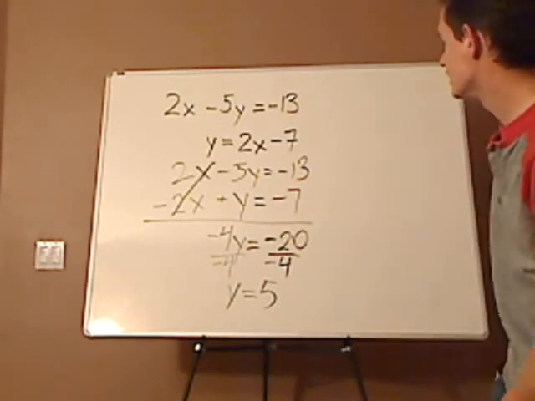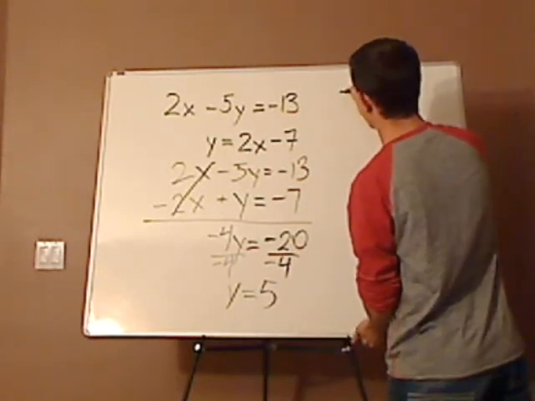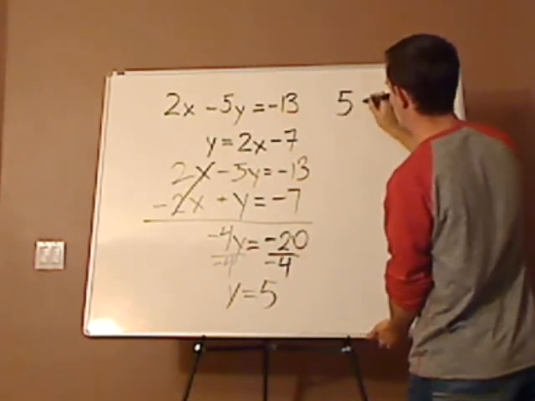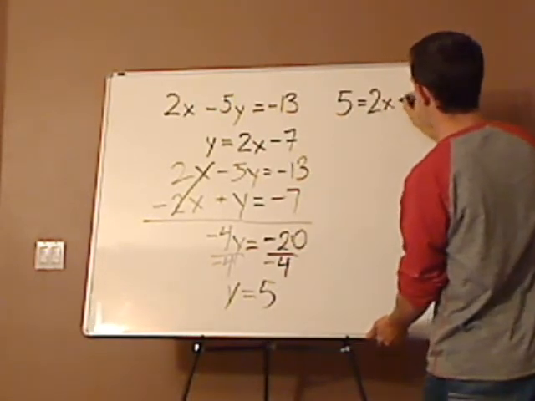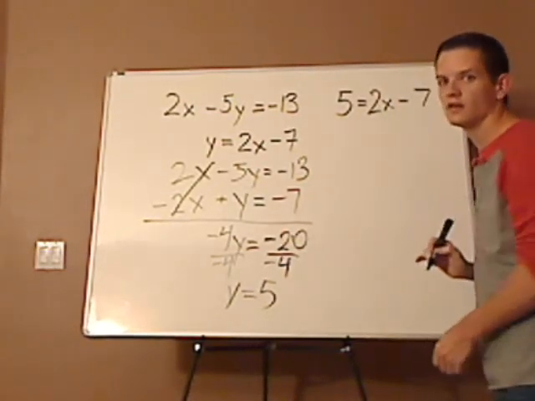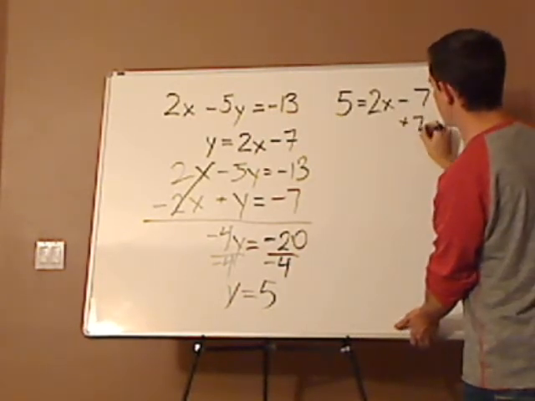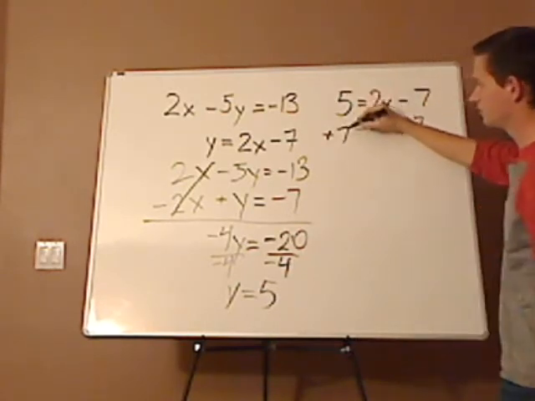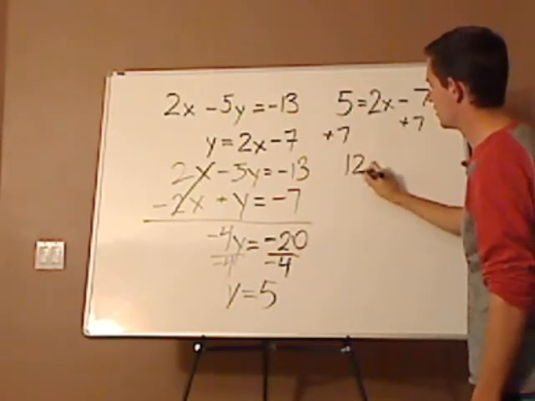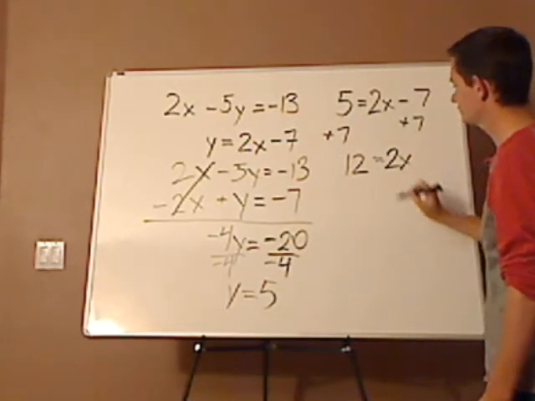You're solving for x. So this would be 5. In this case, it doesn't matter which one you plug it in. 5 equals 2x minus 7. So then you just solve for x. You add 7 to both sides. When you add 7 to both sides, 5 plus 7 is 12 equals 2x.